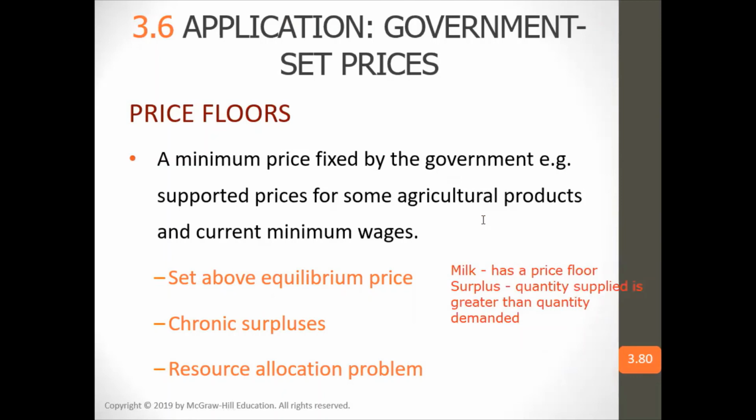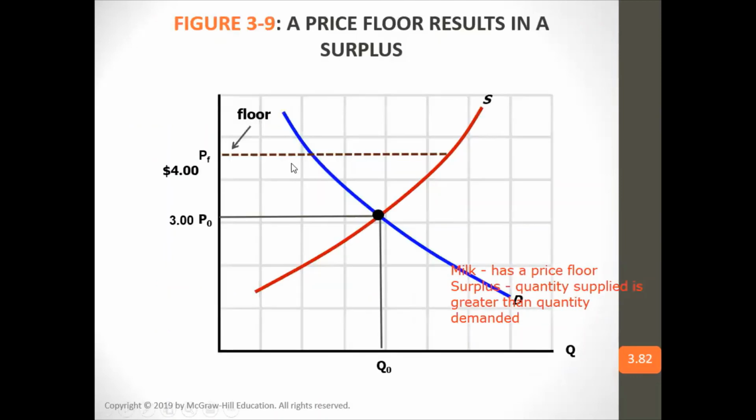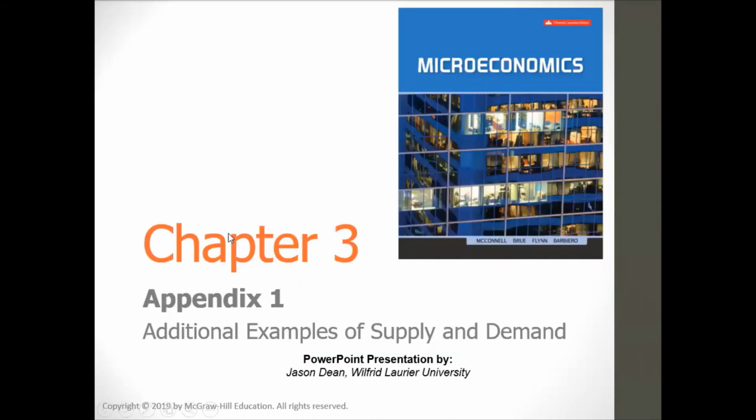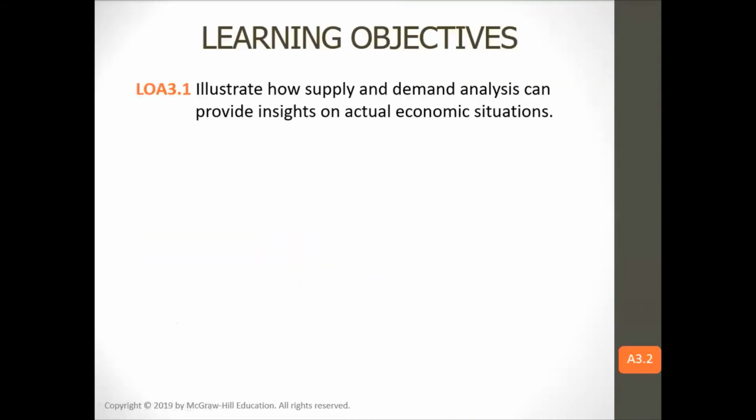They do that in Canada. Milk has a price floor in Canada. So let's say this is milk. Milk in this case would be priced at $4 because of the price floor, instead of the $3 where it should be. So yeah, additional examples of supply and demand.